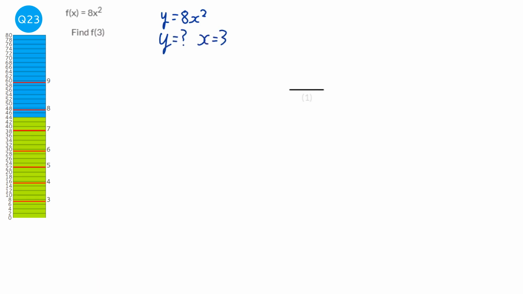The questions are exactly the same, but instead of y we write f of x. And this is saying that the function is 8x squared, and we want to feed in the 3 into the function. So it's going to be 8 times 3 squared, and 3 squared is 9, and 8 times 9 is 72. So the answer would be 72.